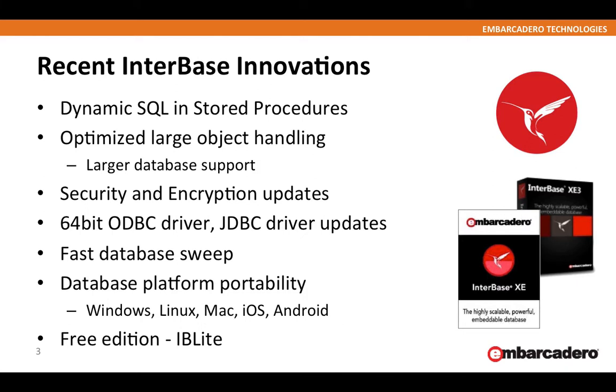Also, we've always focused on making sure that InterBase is very, very fast and very robust. One of the things that we did a couple of versions back now is to optimize the large object handling. This is all part of the work that we did for supporting much larger databases. One of the really cool things that we added was when you do a query like select average salary from employees, or when you're using aggregate queries or select count from, the database needs to read the page in to be able to parse it, find the data, and carry on through.